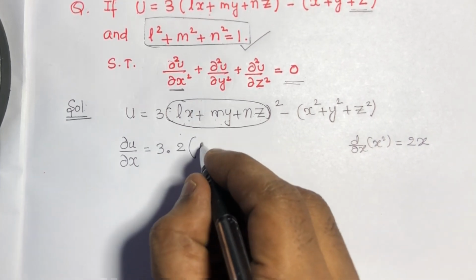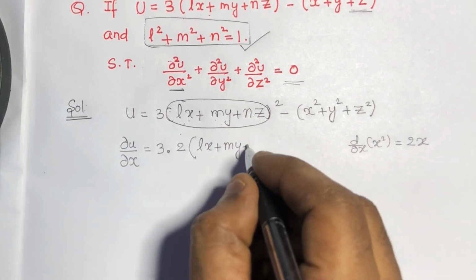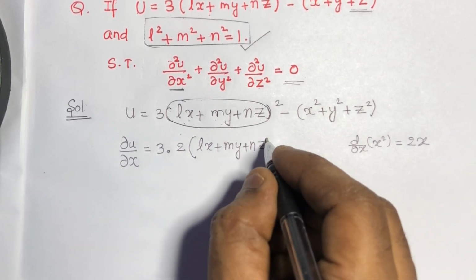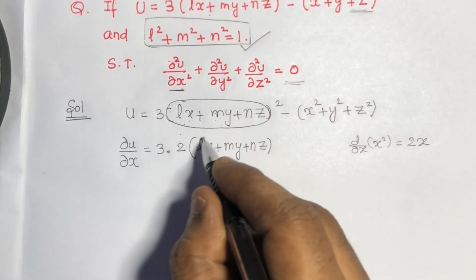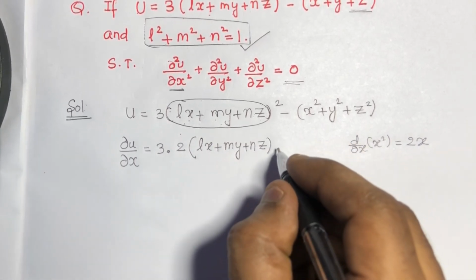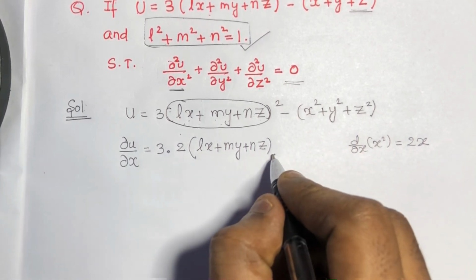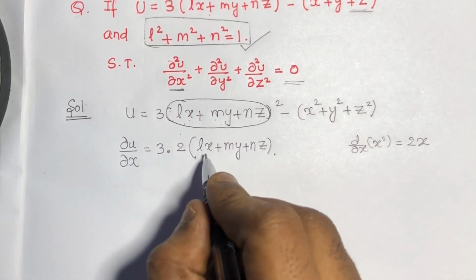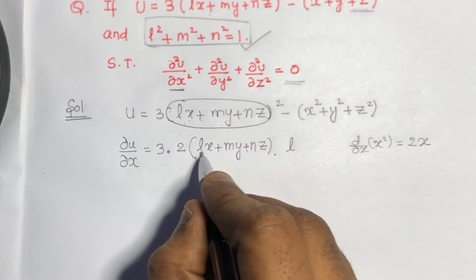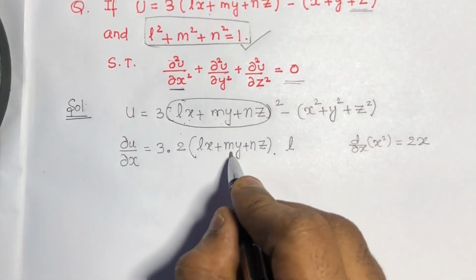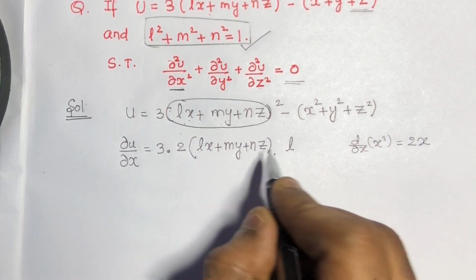In the place of x we have Lx plus my plus nz. Again differentiate it with respect to x. Differentiation of Lx is L, and my and nz we have to consider as constants.